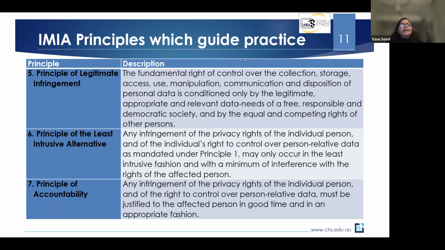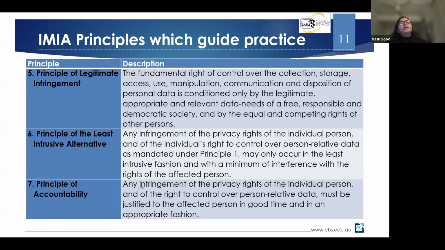So if we are identifying an individual person or patient data, it should be for the primacy of the public interest. This means it should be for the betterment of the society, not for harming the individual or the society. Then we have the principle of least intrusive alternative. This means if privacy must be infringed, it should be done in the least invasive way possible.